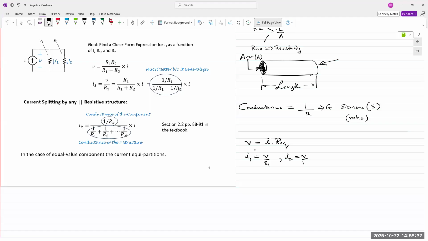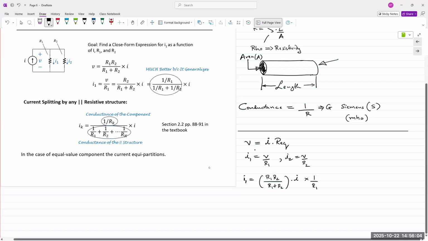I2 is V over R2. Hence, I1 is, and V in this case can be given by R1 R2 over R1 plus R2 times I, times 1 over R1. So it becomes rather unwieldy trying to do these calculations.